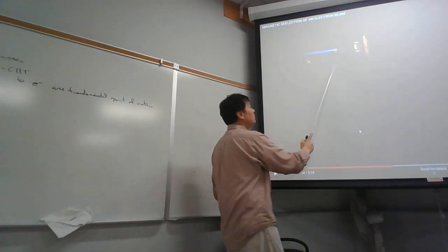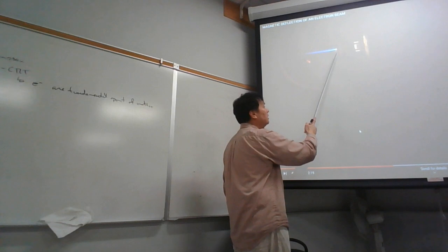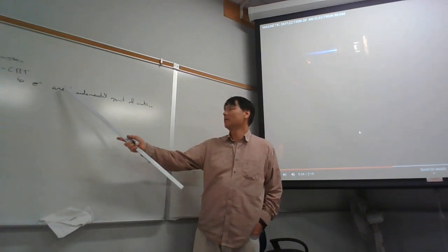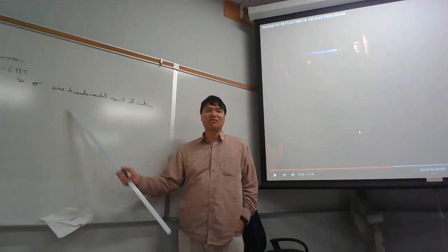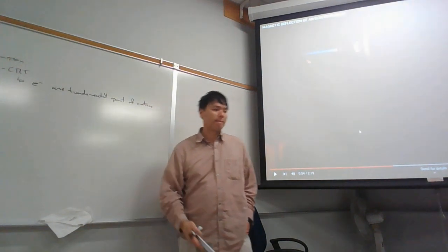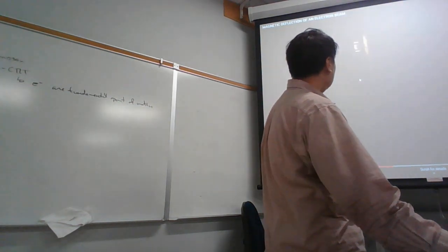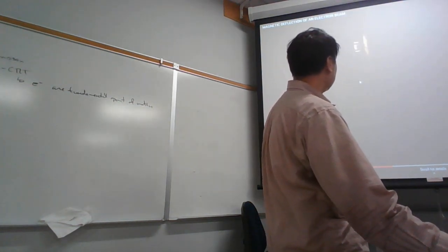Not only that, if they put a metal plate here to block the beam, the metal plate acquired a negative charge. And so from this experiment, they got that the electrons are a fundamental part of matter and that they have a negative charge. But what is the charge? Well, they know it's negative.